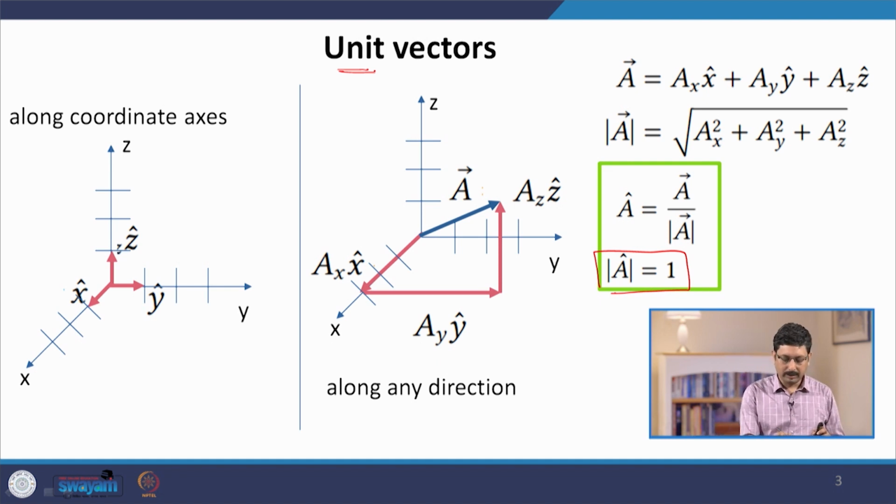For example, I have drawn a Cartesian coordinate system. This is the origin, and these are the x, y and z axes. Now, I want to specify the direction or orientation of an axis. I have drawn a vector, this arrow represents the vector, and the length of this vector is 1 unit.